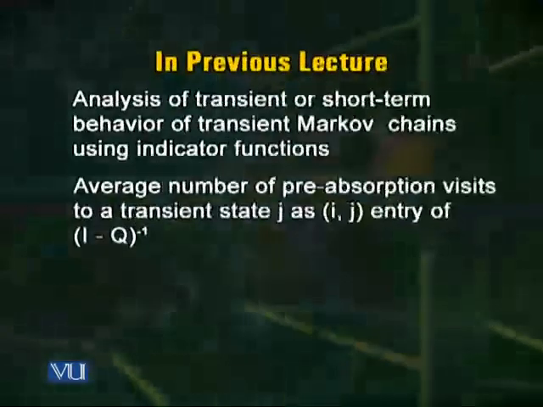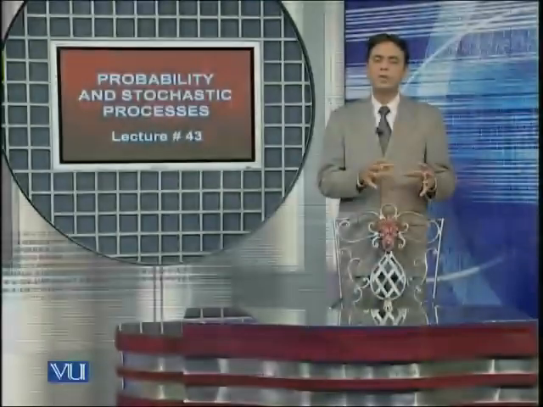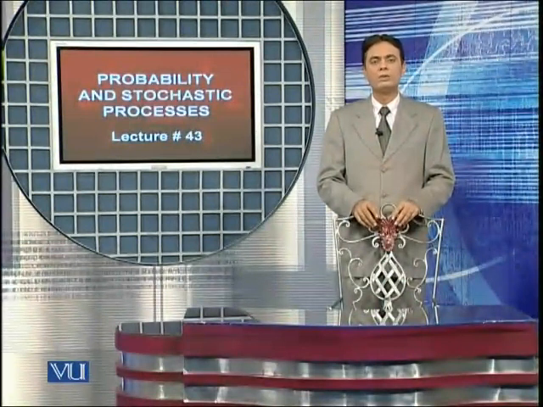And we found that if we want to find the average number of visits to a transient state before the Markov chain gets absorbed, then this number is represented by the i, j entry of the matrix (I minus Q) whole inverse.